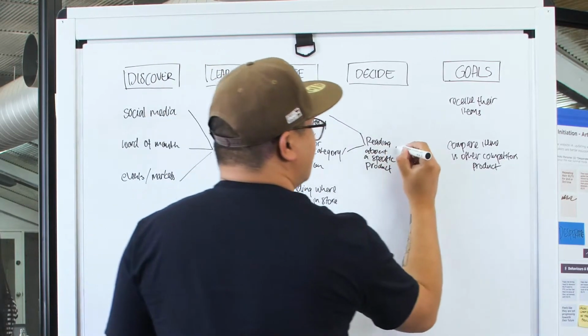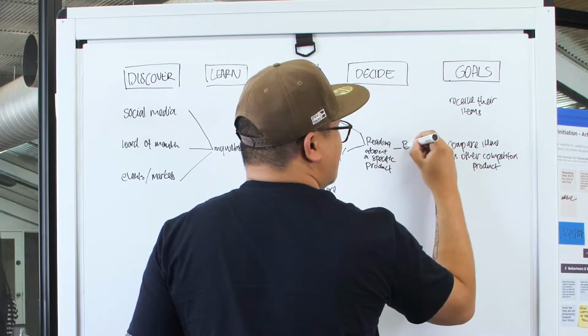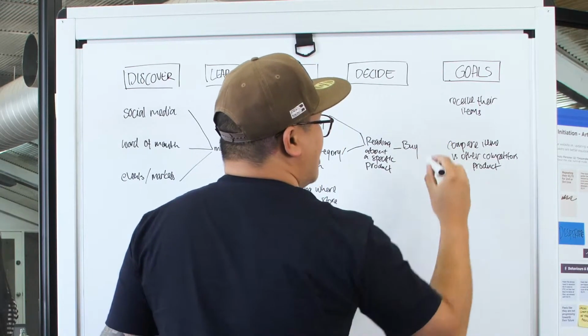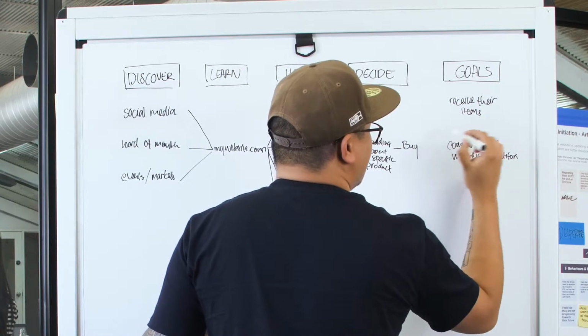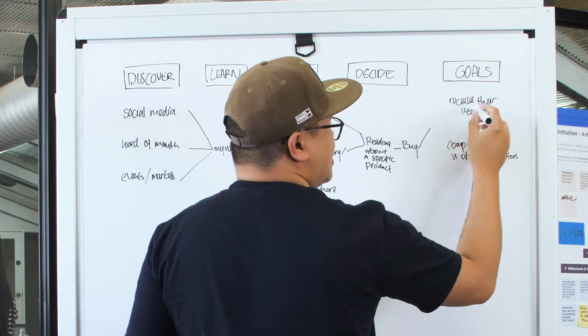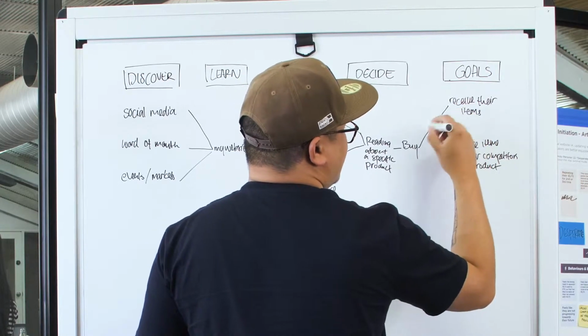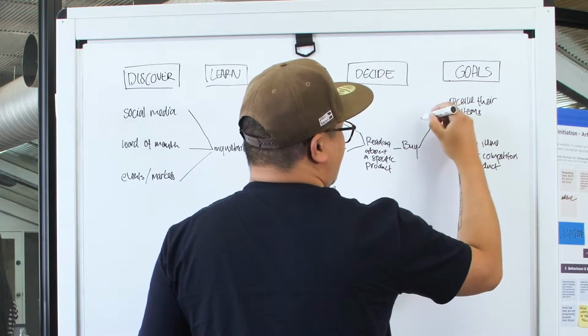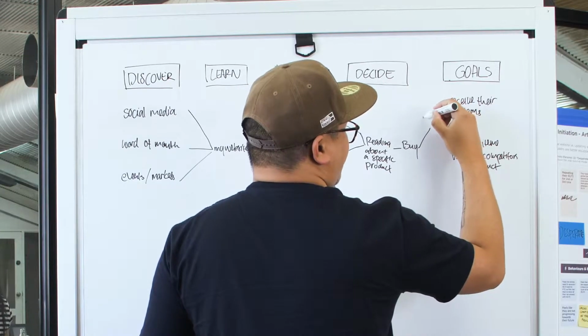As I'm reading it, I'm buying it. I want to buy, and this will lead me to receiving the items. But between this and that might be delivery, organized delivery.